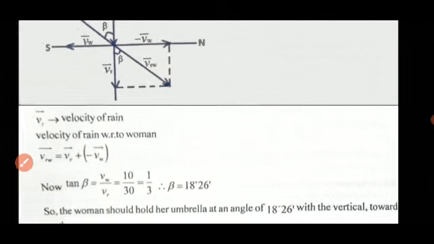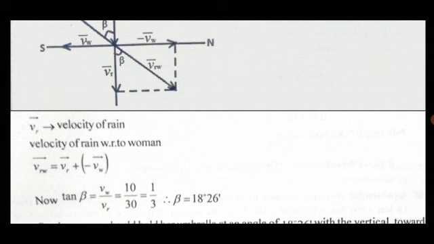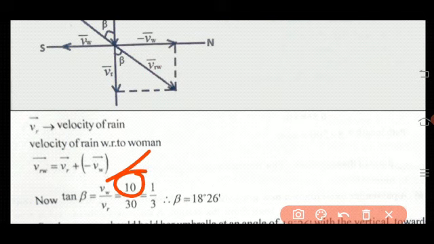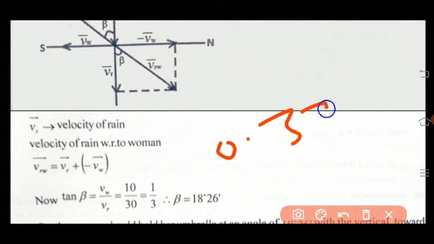Tan beta equals VW by VR, taking only the magnitudes. The velocity of the woman is 10, and the velocity of the rain is 30. So 10 by 30 is 1 by 3, that is 0.333.